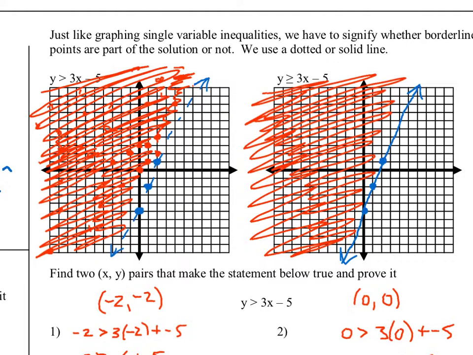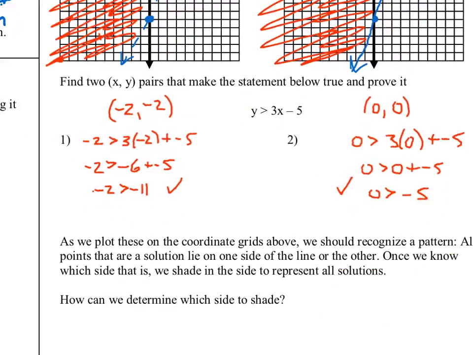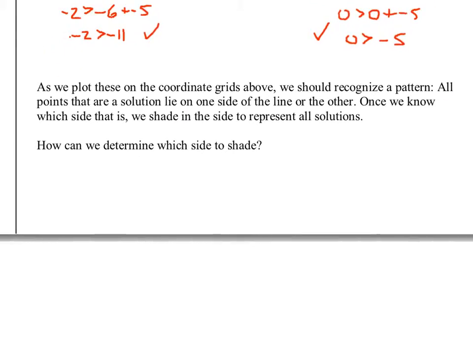Now, question is, how did we determine which side of the line to shade? What did you do? You guys did this already. How do we determine what side contains the rest of the solution? Katie?